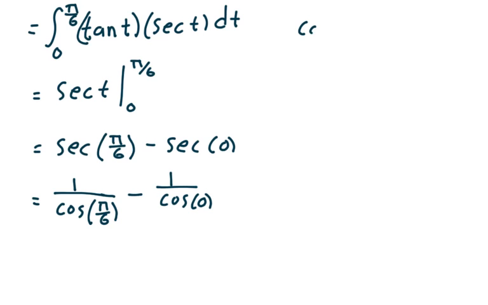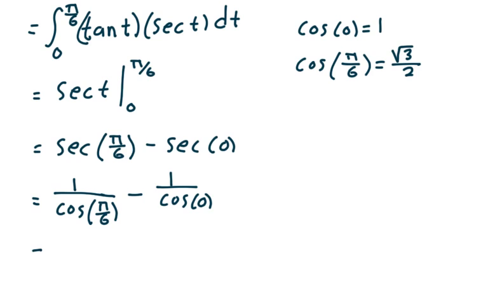And if we come up here to the side, cosine of 0 is 1, right? Cosine of pi over 6 is a special angle, and this is square root of 3 divided by 2. But we need the reciprocal. So this is 2 divided by square root of 3 minus 1.